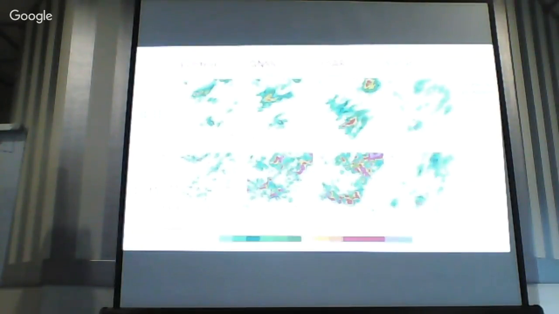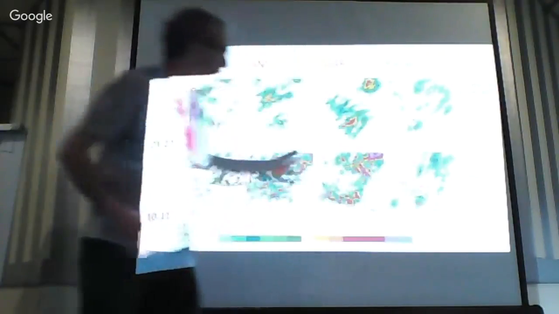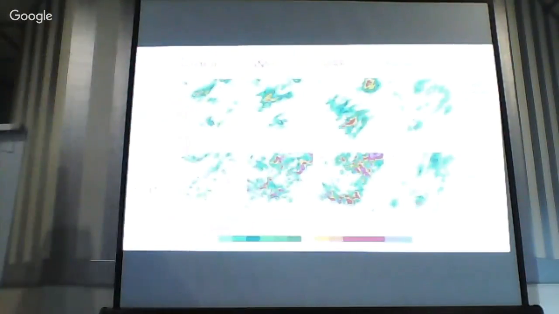Radar data is more qualitative than quantitative, I think. You should mostly look at the pattern and not so much at the values, because the pattern is not so bad. This is observation, so the pattern is not so bad. Of course, the values seem to be much lower in the radar, but if you look at the stations, radar just gives you 20 millimeters, and you got an observation of 60. So maybe the radar is just underestimating precipitation.